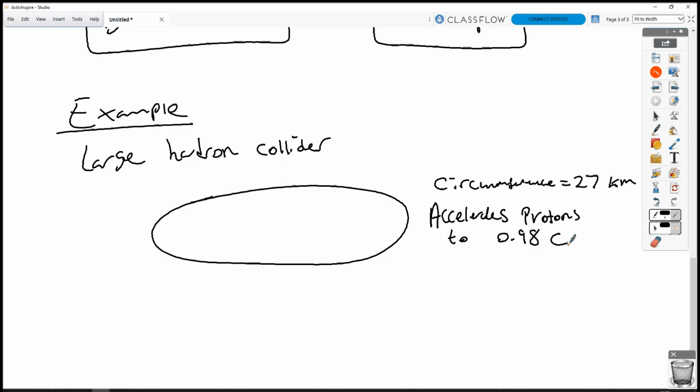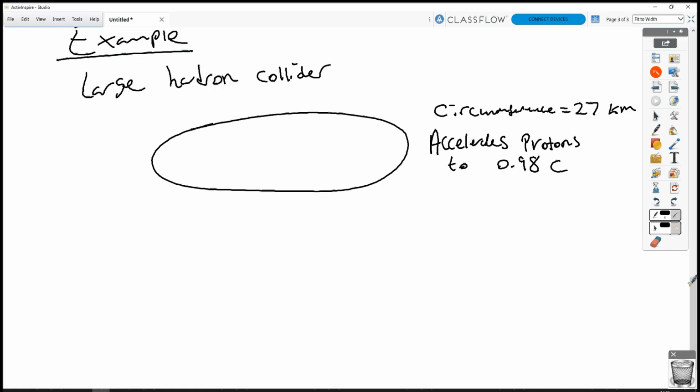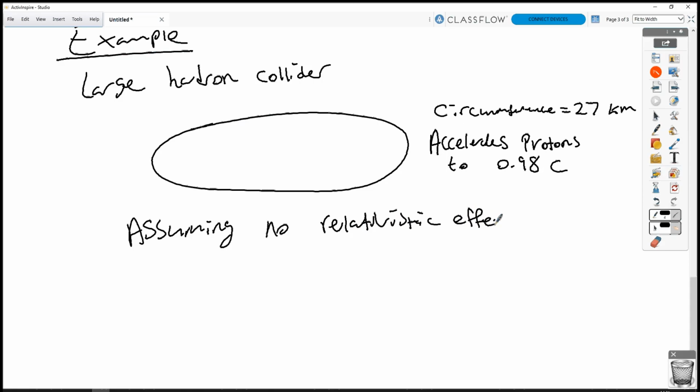We're going to assume there are no relativistic effects. So relativity has no effect on these protons. So assuming no relativistic effects, how big is the B field?